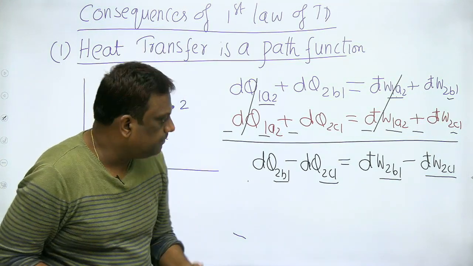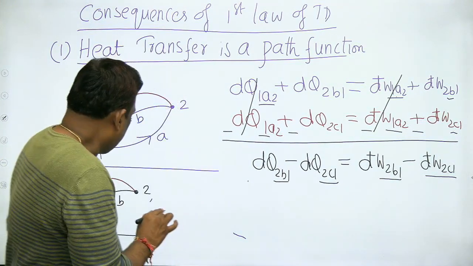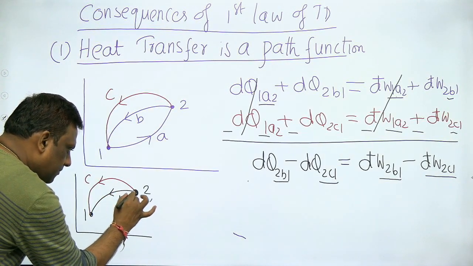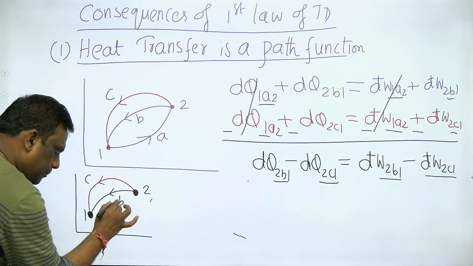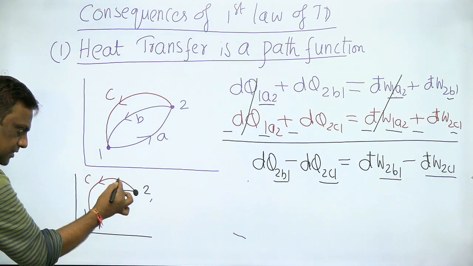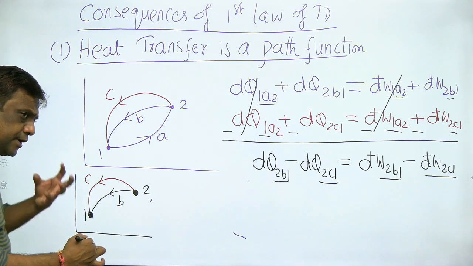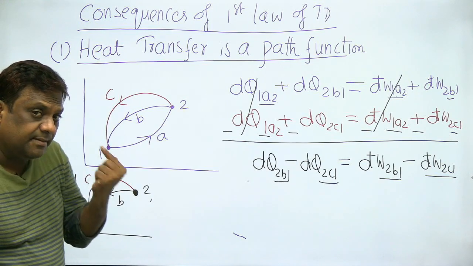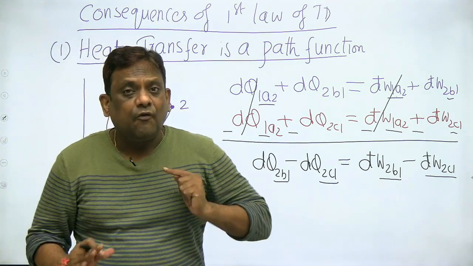Though the endpoints are the same for processes B and C, the path of B is different and the path of C is different. So if you calculate work for 2B1 and 2C1, will they be the same? Absolutely not. Why?